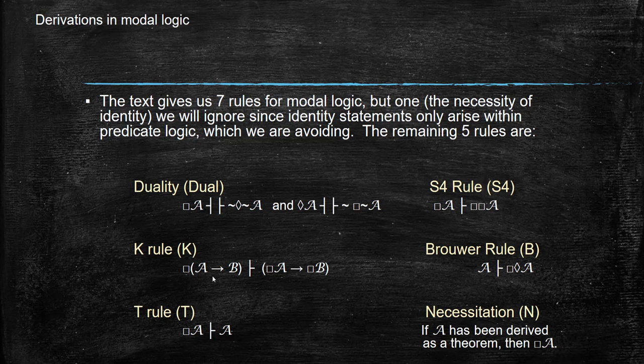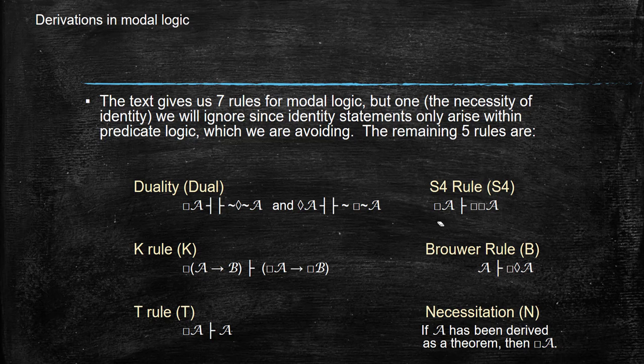Well, what happens if you assume that necessarily A? Well, that means that A is true in every world. And since if A then B is true in every world, then B is true in every world, which means necessarily B. The T rule we just discussed already.